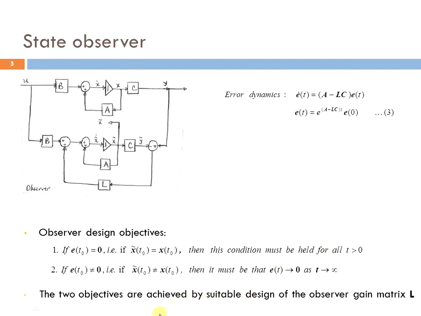That translates into finding a suitable value for the gain matrix L which makes this system asymptotically stable, and that is what we are going to look at. So our observer design amounts to the right choice of the observer gain matrix L.